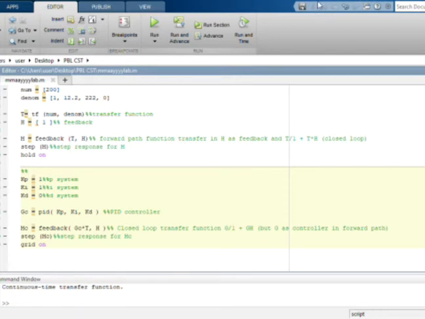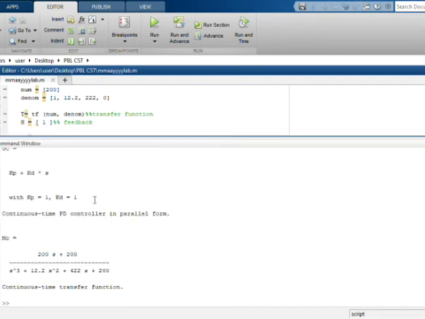And then I'm going to show you the PD system. So I'm going to set I as 0 and D as 1, and then I'm going to run it. It shows that this is a continuous time PD controller in parallel form.